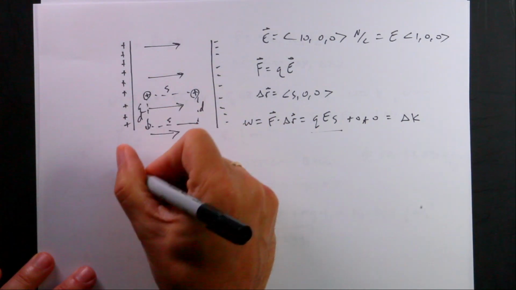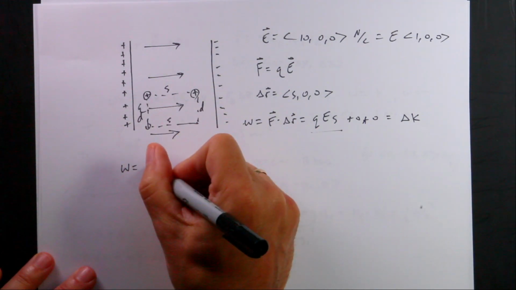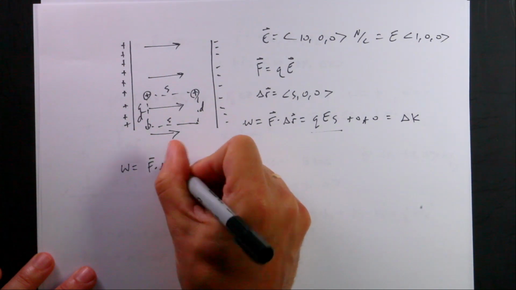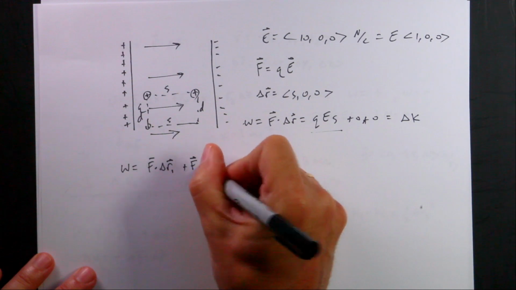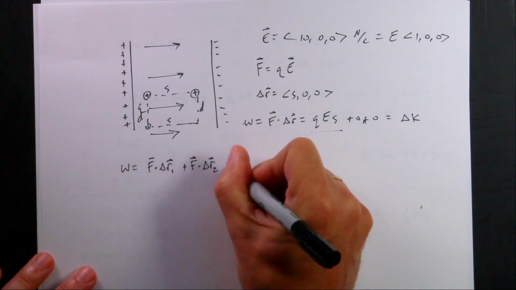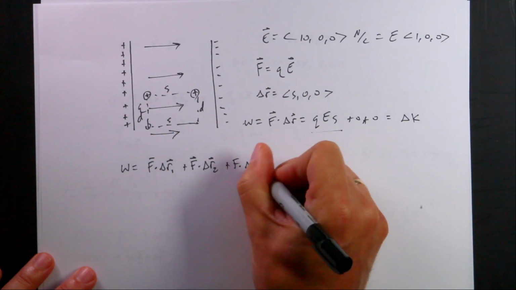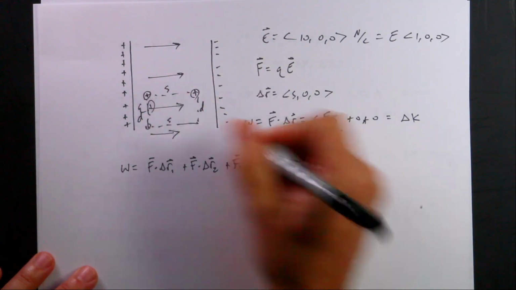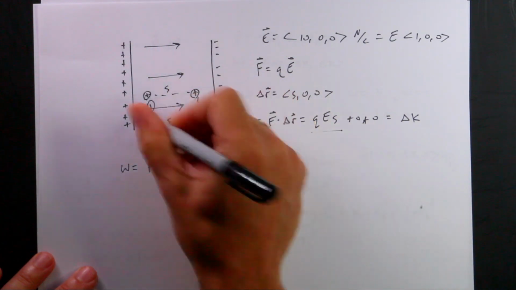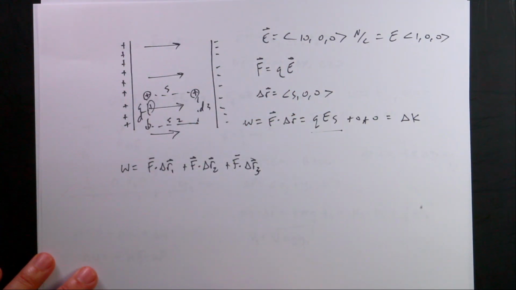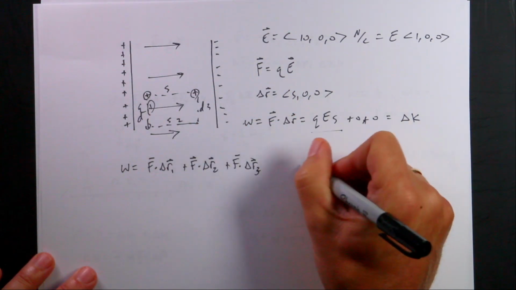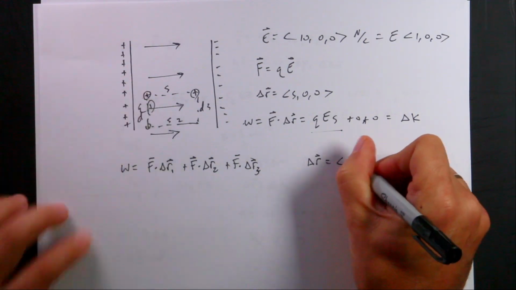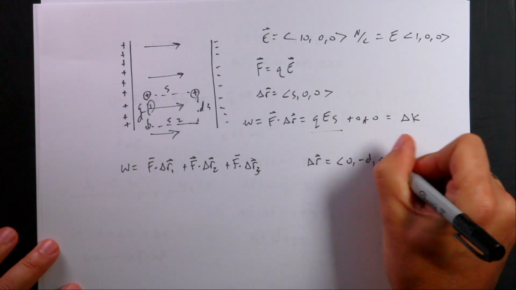So I'm going to say the work is going to be F dot delta R1 plus F dot delta R2 plus F dot delta R3. So I have 3 paths. So delta R1 is going to be equal to 0, negative D, 0, right?